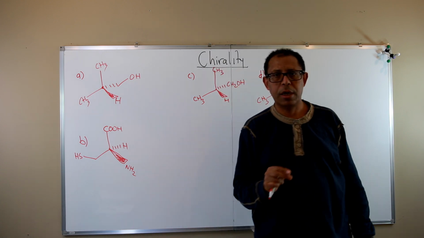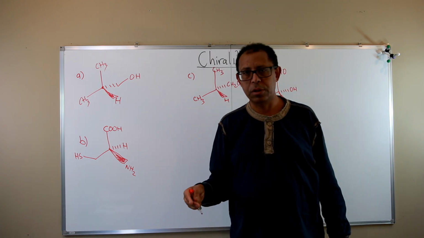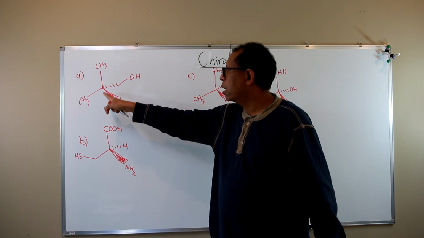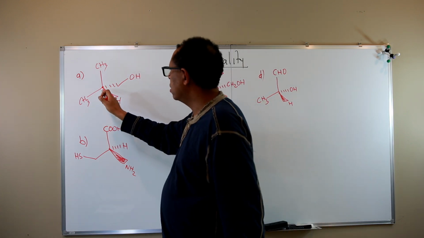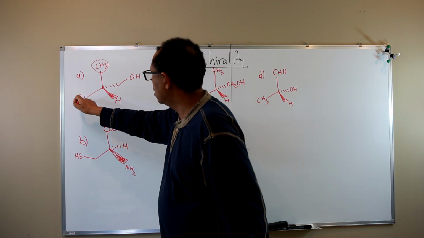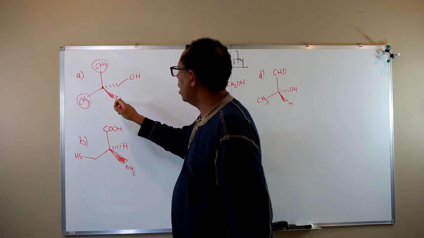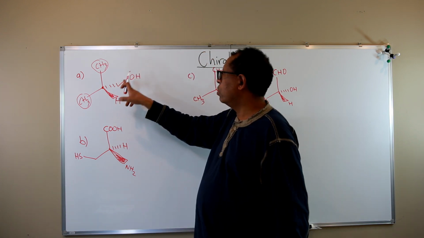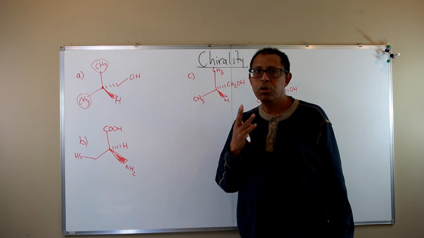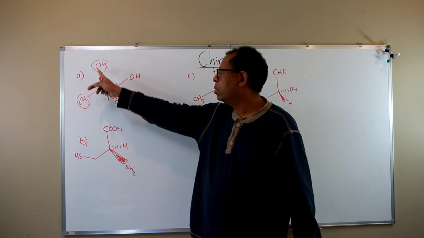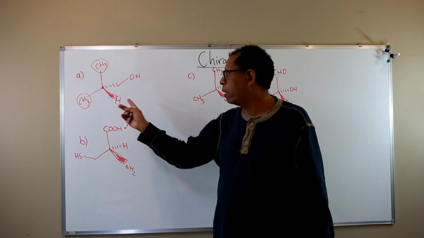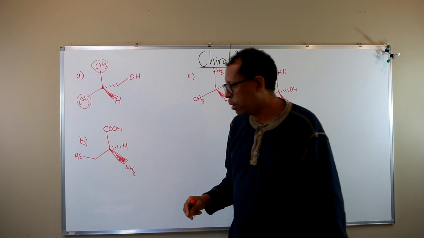So for a compound to have a chiral center, it should have 4 different substituents around the carbon. So this is the carbon we are dealing with. This is CH3. This is another CH3. This is H. This is CH2OH. But this compound has 2 identical substituents on it. That doesn't qualify as a chiral center.